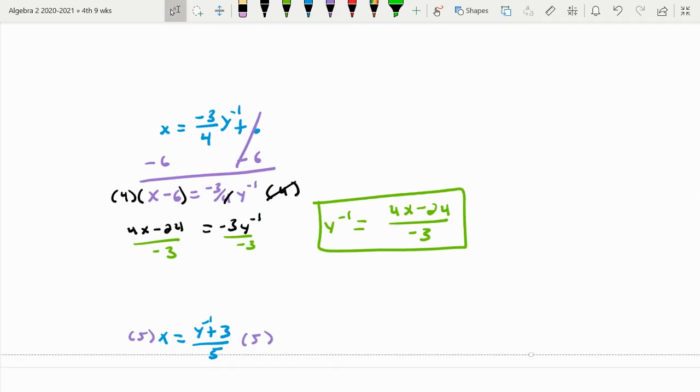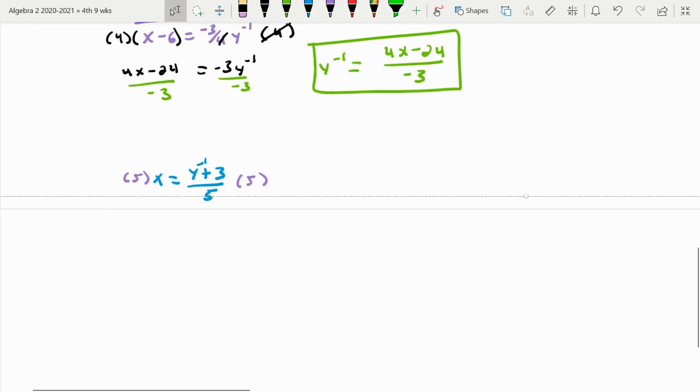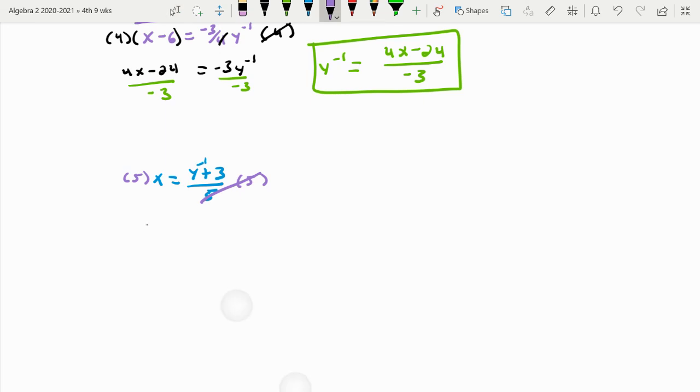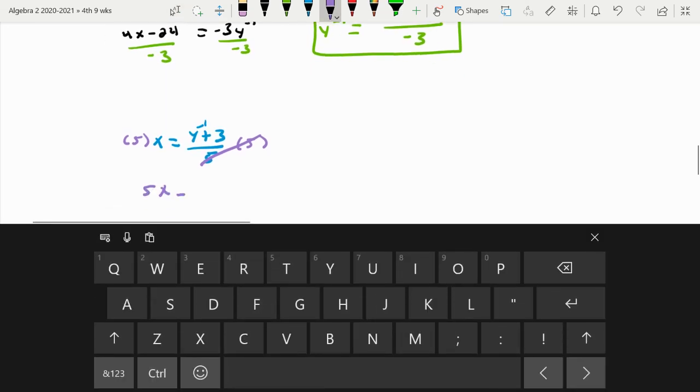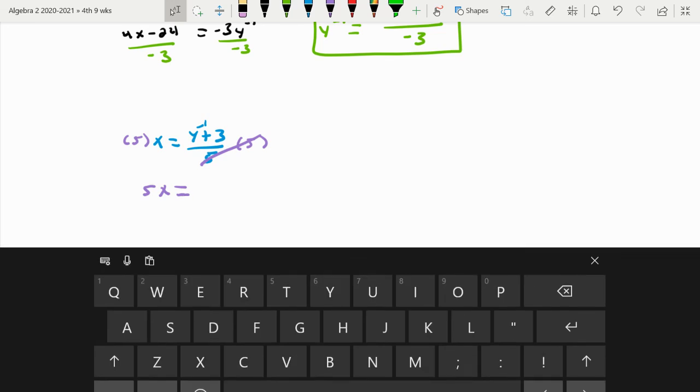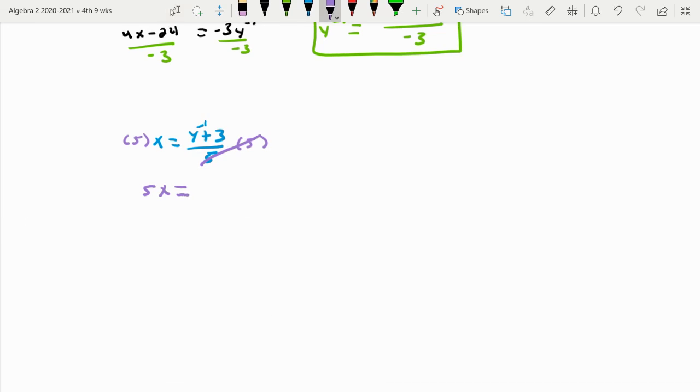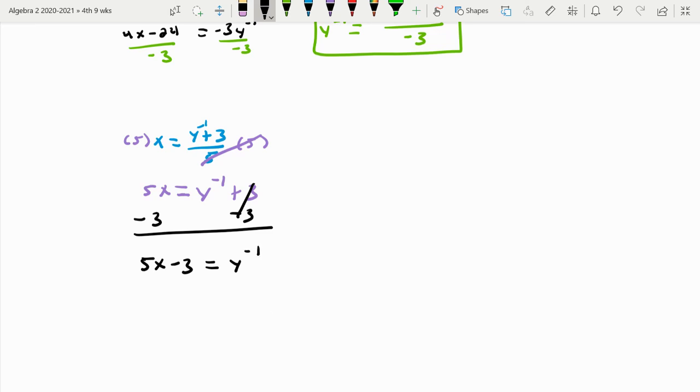The 5 is going to cancel, and then we're going to get 5x equals y inverse plus 3. Then I'm going to subtract 3 both sides, which cancels that out. So we get 5x minus 3 equals y inverse.